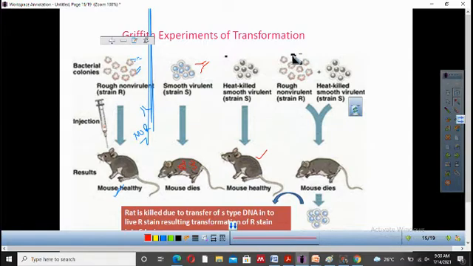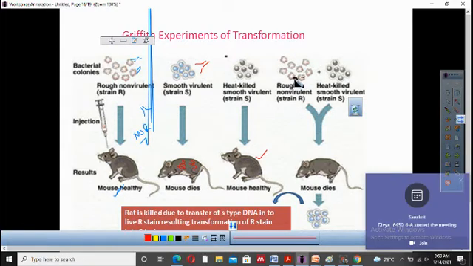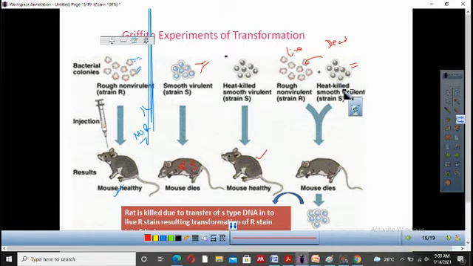But what happens in this case, when this is the live one and this is the dead one? When the dead one containing the DNA gets integrated into the live one, then some of the live ones get transformed into the smooth one, and the culture of that smooth one leads to the death of the mouse. So this bacterial strain, the R strain, gets transformed into the smooth one.